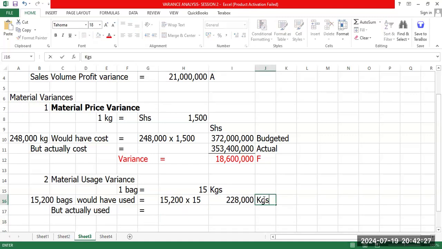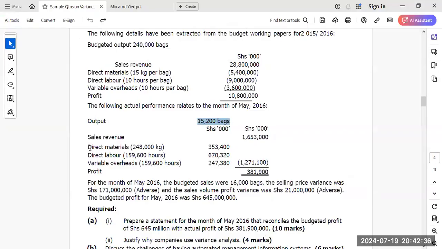These are kgs. So you go to actual information and see what is the total number of kgs. They are telling you that direct materials, these ones. Are you seeing that? So this is what they actually used.